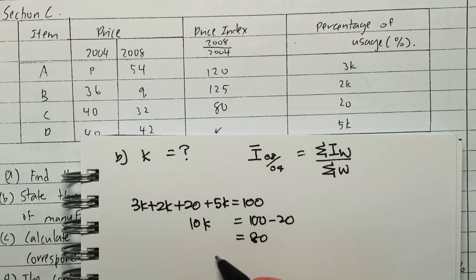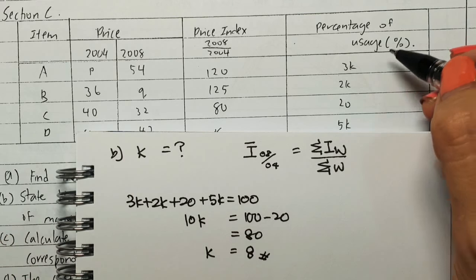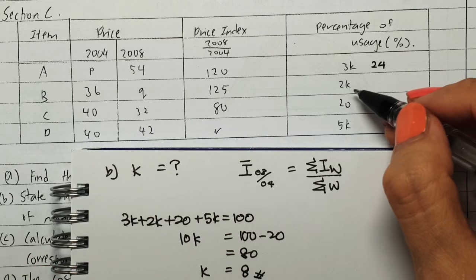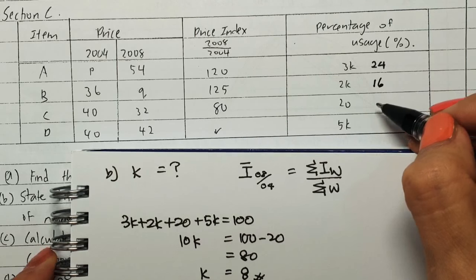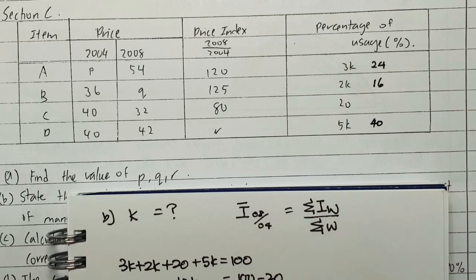So we can find our K, that is 8. So we found our K to be 8. Now we will have 3 times K, 24. And then 2 times K, 16, 20. And then we have 40 over here.